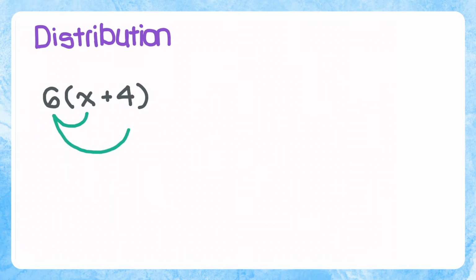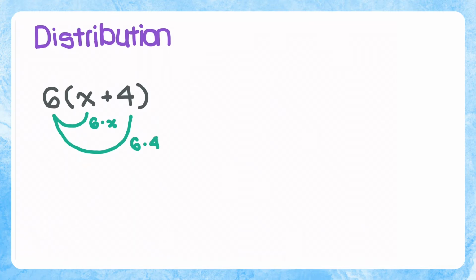So you've probably seen distribution somewhere along the way in your math classes. Let's say we had 6 times parentheses x plus 4, then we would distribute the 6 to both the x and the 4, so that becomes 6 times x plus 6 times 4.